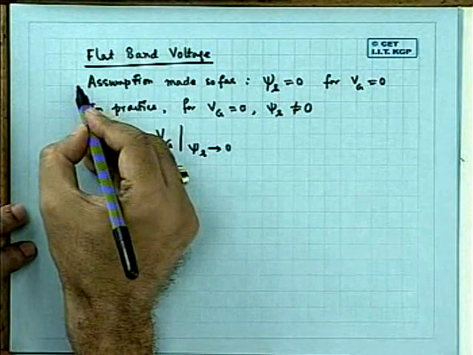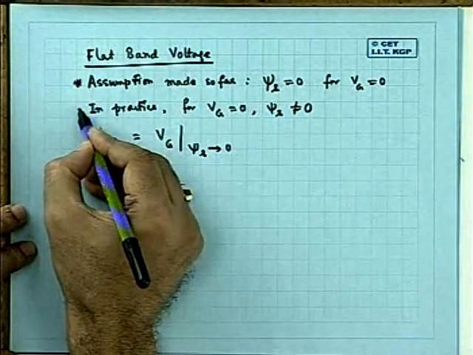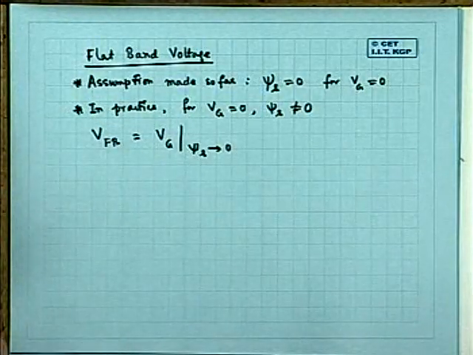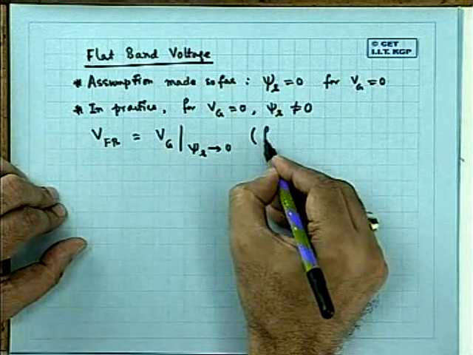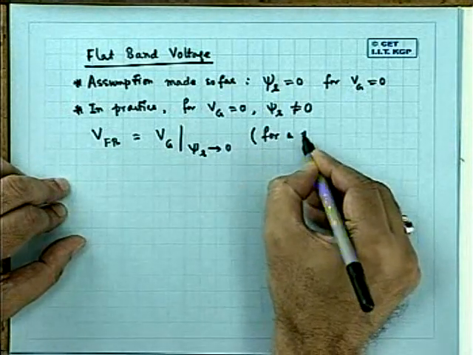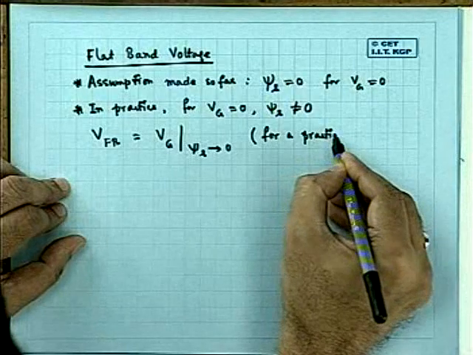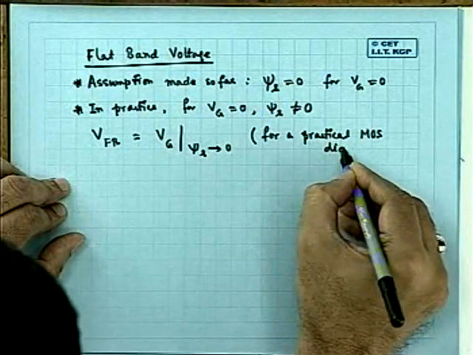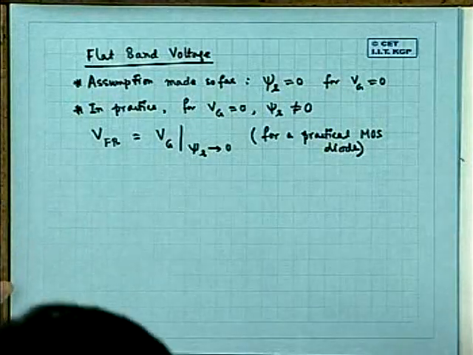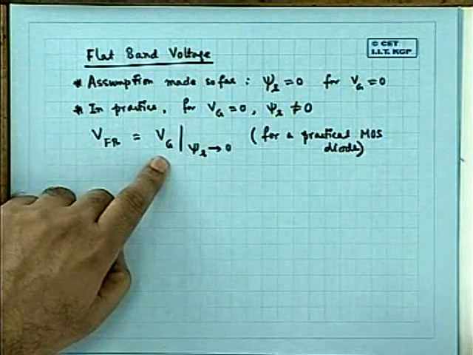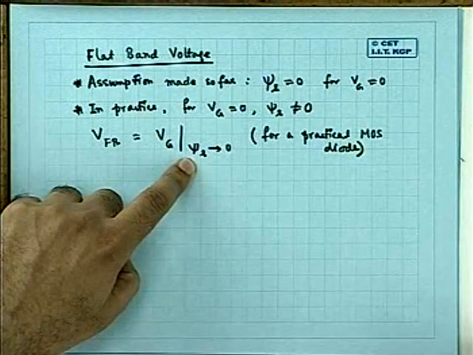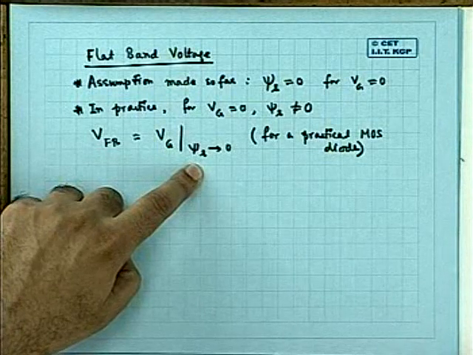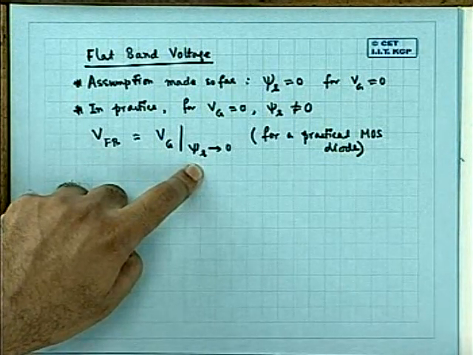So this is an idealized assumption. This is the practical case, and therefore for a practical MOS diode, VFB is the gate voltage required to make the bands flat. Psi s equal to 0 means flat band condition.